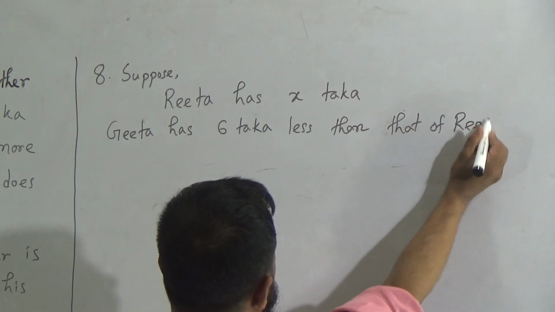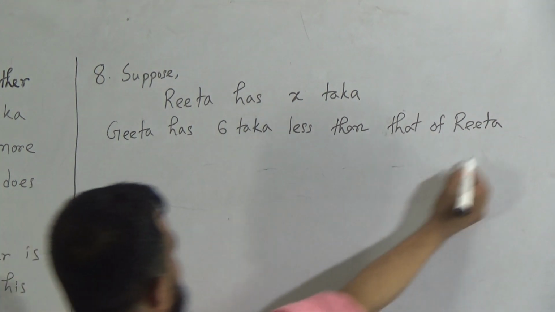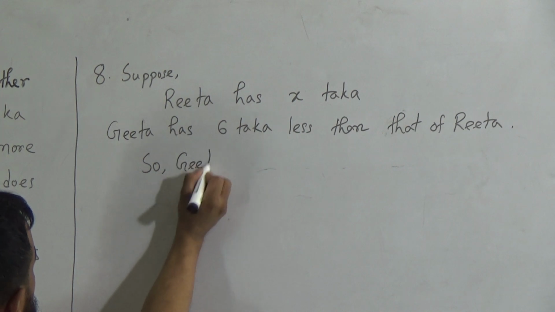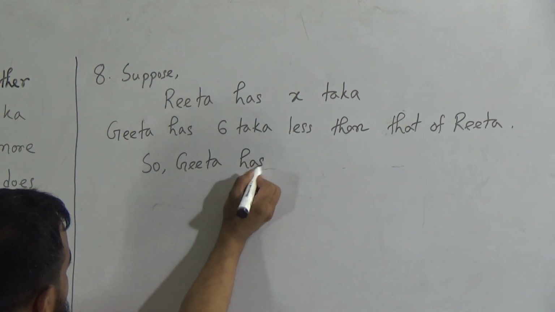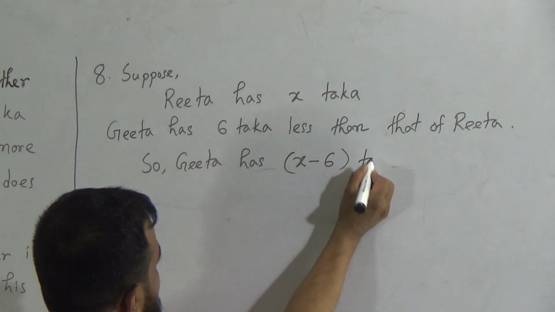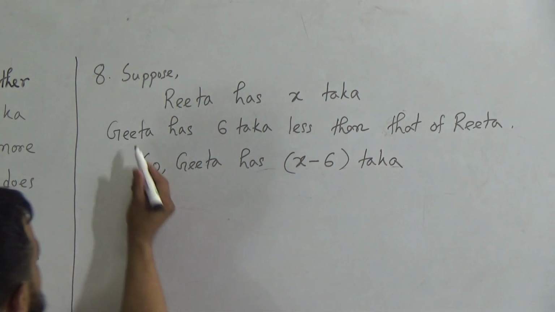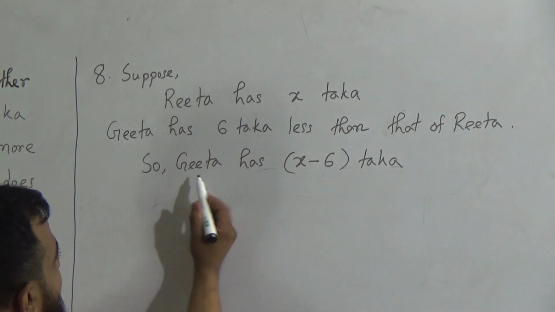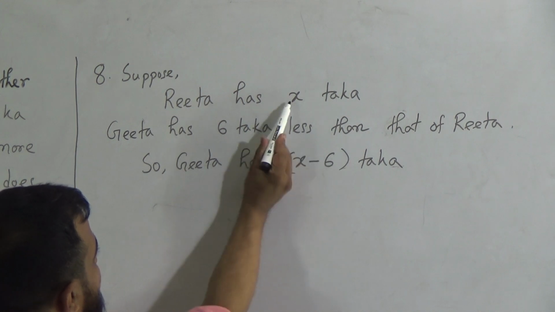So you can write down, Geeta has x minus 6 taka. Okay. The question says that Geeta has 6 taka less than that of Rita. That is why Geeta has 6 taka less than Rita.